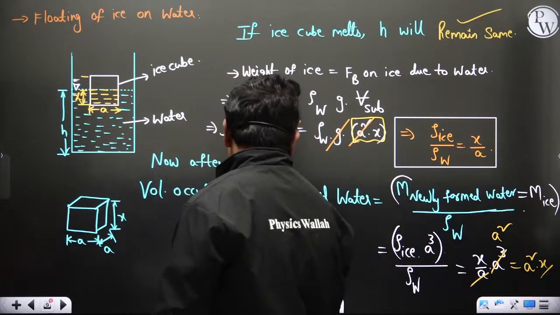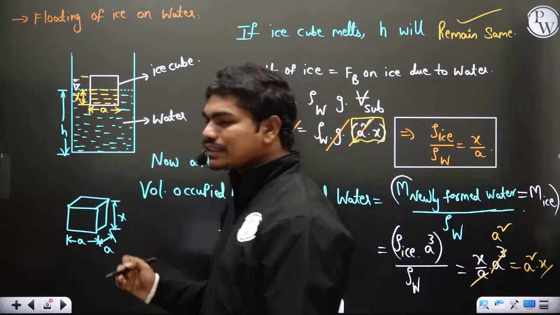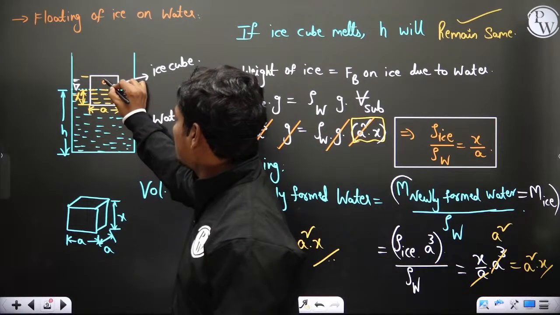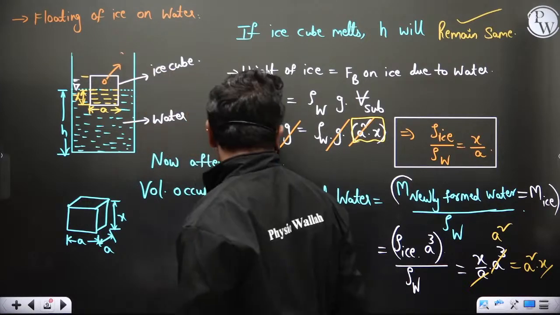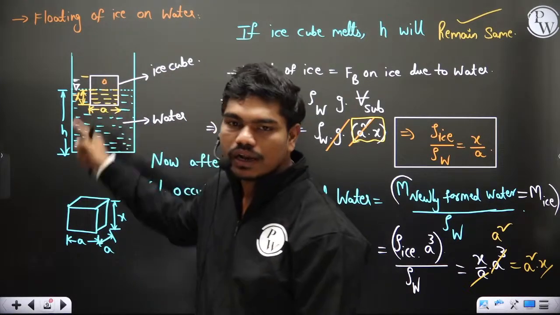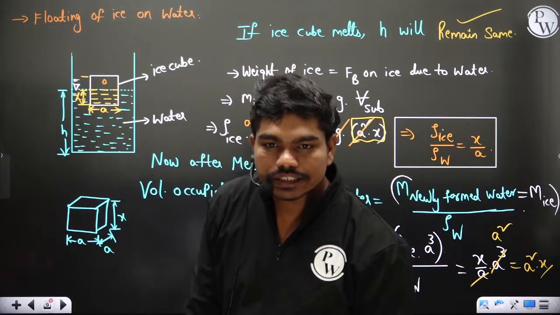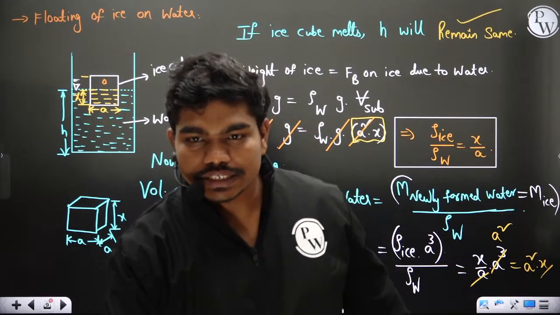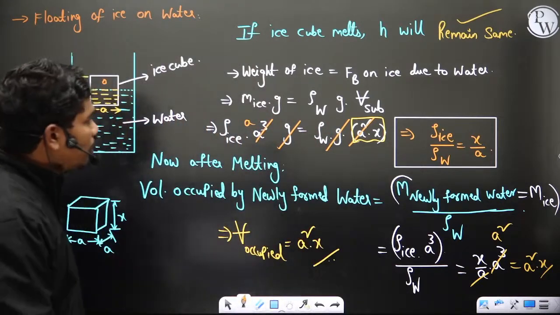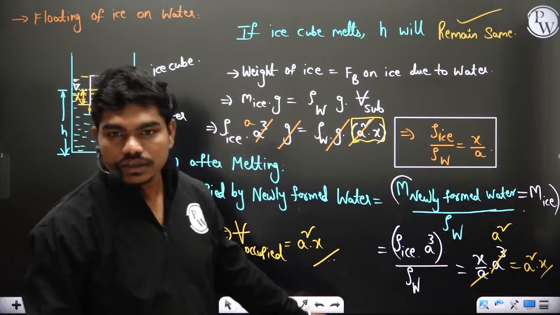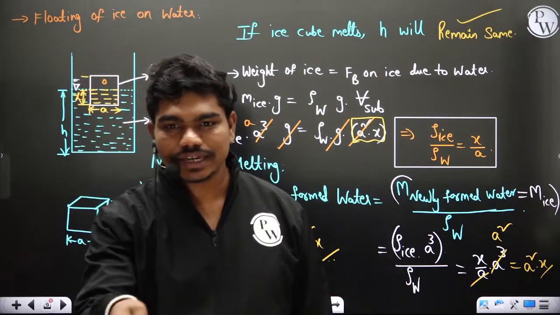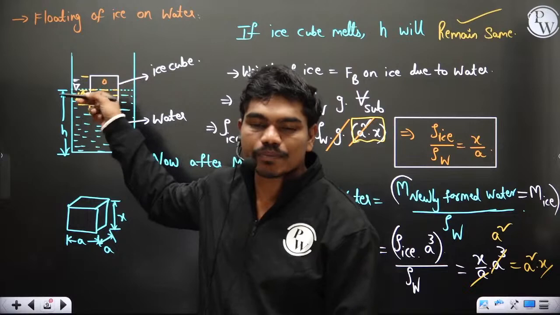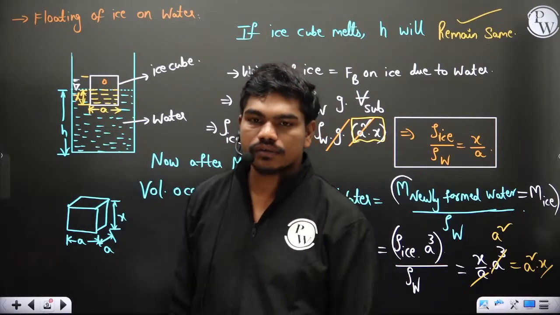I'll ask you one more thing, you can answer. Let us suppose in this block I have a small air bubble. Then what do you think happens to this water level?